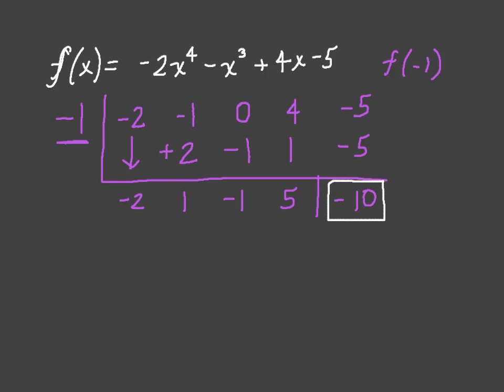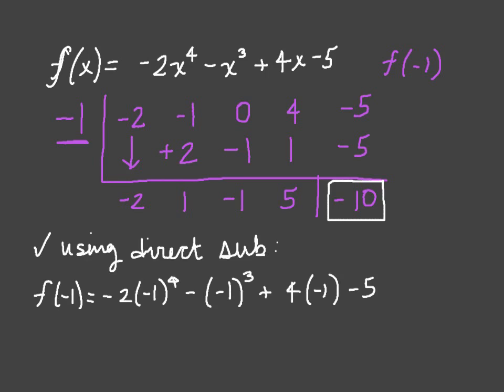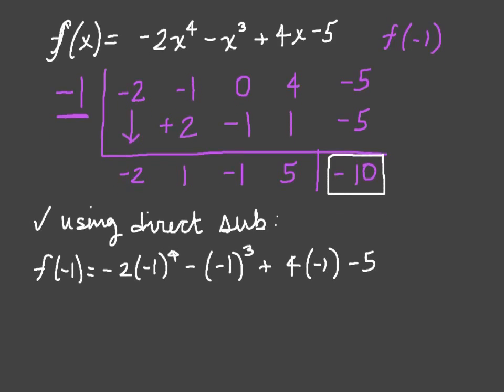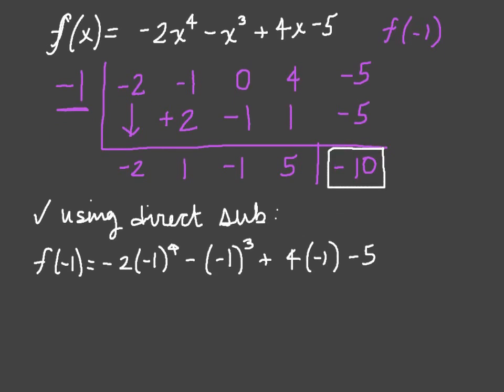Remember that the number you get at the end is your function value. If we check this doing direct substitution, it's a little bit more work. So let's do that real quick, off to the side. I've got my direct substitution set up where I've plugged in negative 1 for all the x's, and we're going to do this together so I can talk you through it again, so you can feel more confident that you can do this without a calculator.